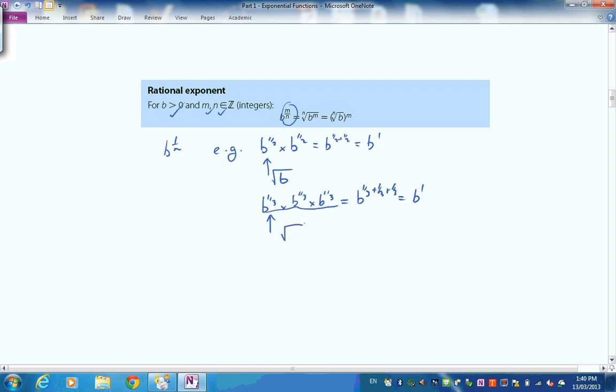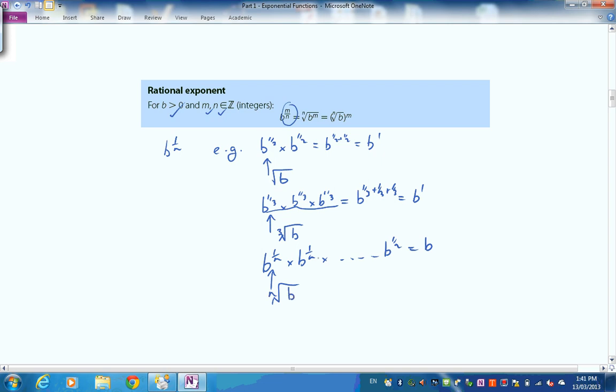That is the definition, isn't it, of the cube root of b. So can you see, repeating that argument, that b to the 1 on n by b to the 1 on n, if you did it n times, would give you just b. So this b to the 1 on n would be defined as the nth root of b.